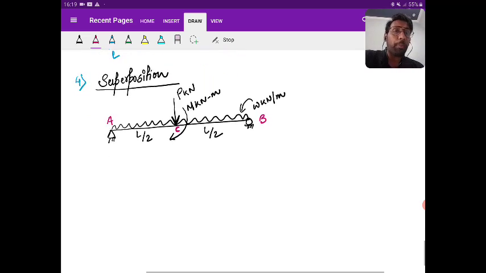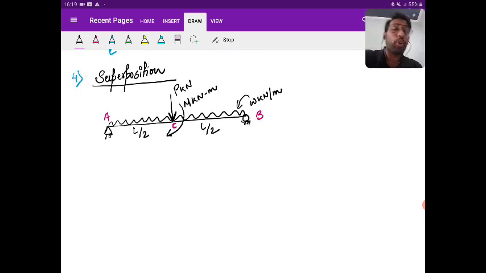So it is looking complicated, but it is very easy. If you remember the superposition theorem, we have given the definition that it states the effect of multiple loading at a point is the same as the summation of the effect of individual loading at the same point, provided the load is within the proportionality limit and the stress function is linear with respect to the load applied.